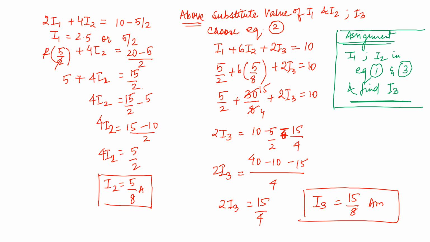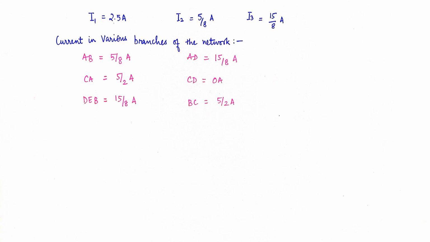Okay. So we got the values of I1, I2 and I3. See, I1 is 2.5 ampere, I2 is 5 upon 8 ampere and I3 is 15 upon 8 amperes.